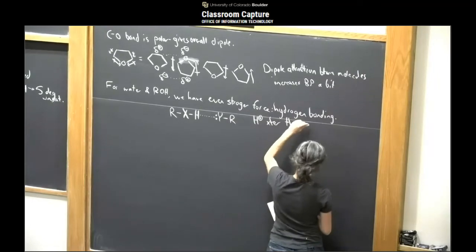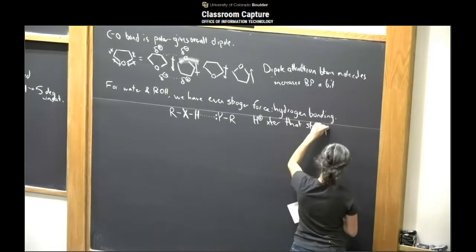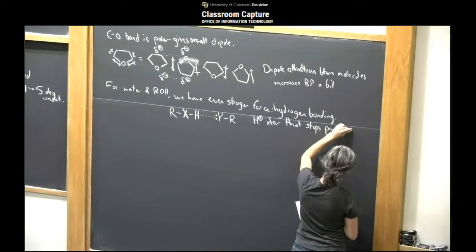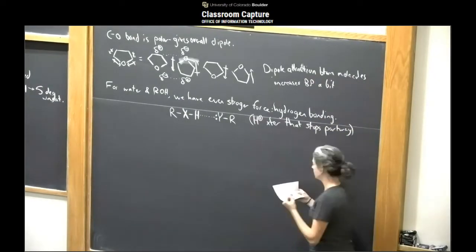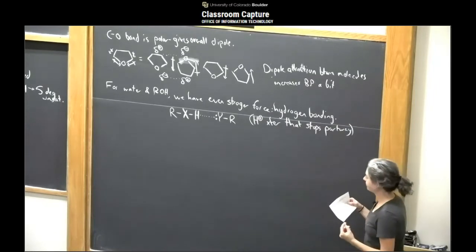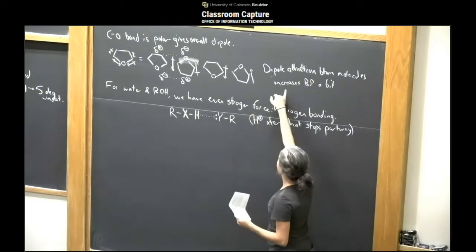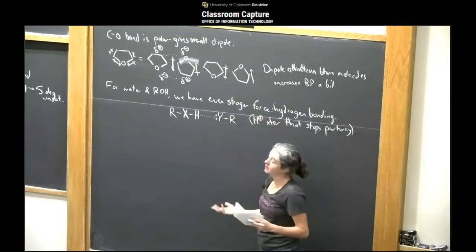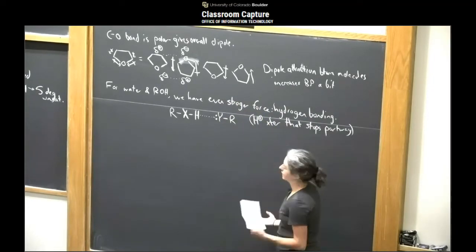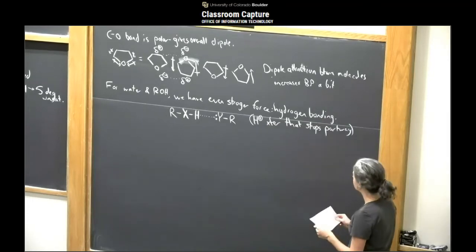So, proton transfer that stops partway. So it's a lot stronger than any of these intermolecular just electrostatic interactions, but it's not as strong as an actual covalent chemical bond would be.